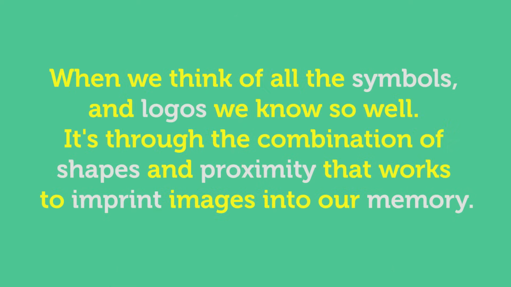Now, from a young age, we learn shapes and symbols that are imprinted into our memory. The alphabet, for example. These shapes and symbols are used to communicate visually, as a visual language or represent meaning. When we think of all the symbols and logos we know so well, it's through the combination of shapes and proximity that works to imprint images into our memory.